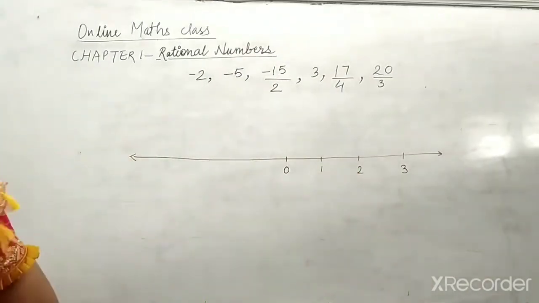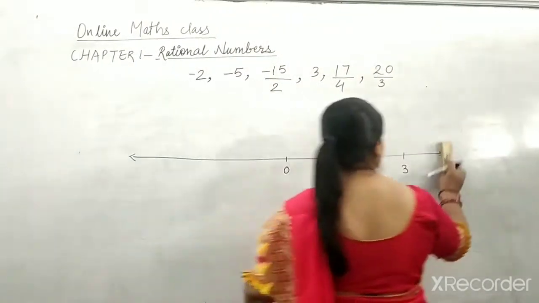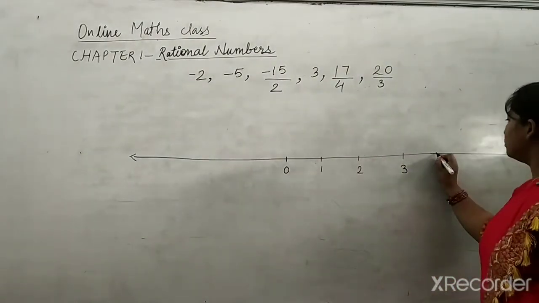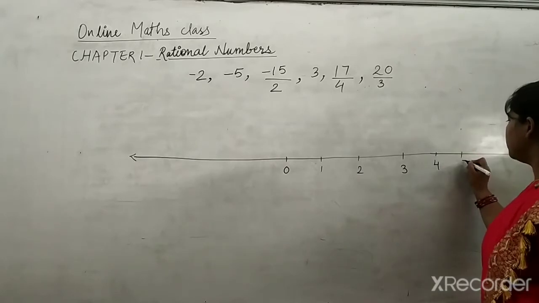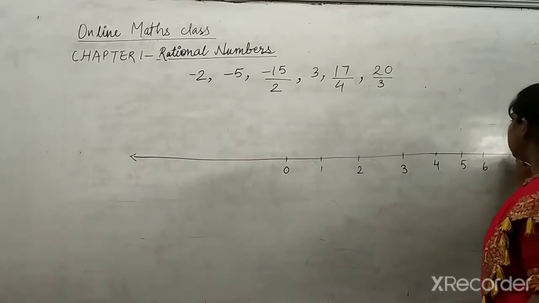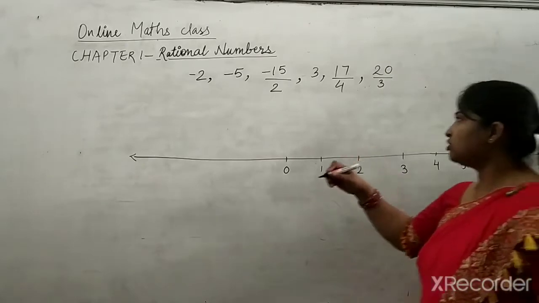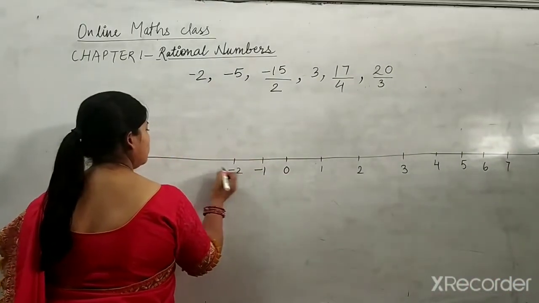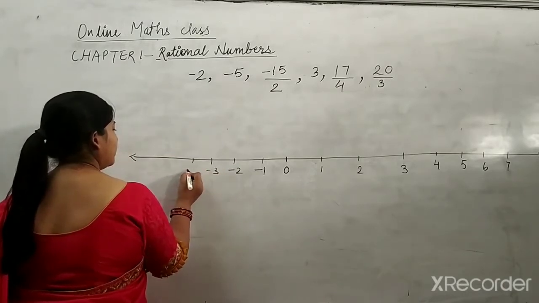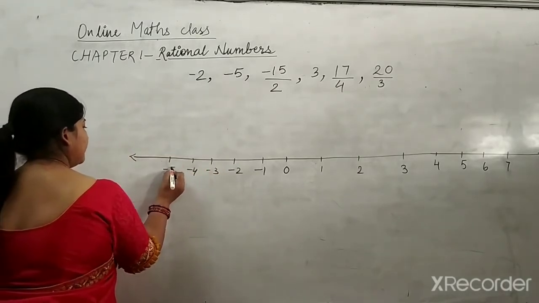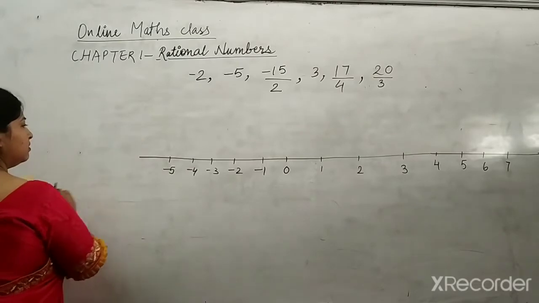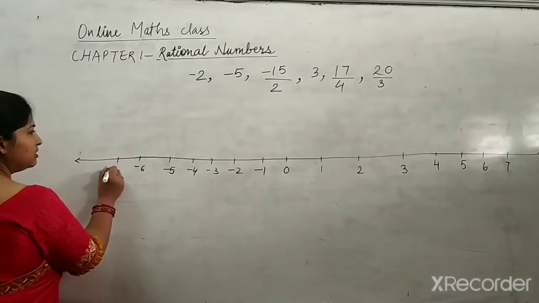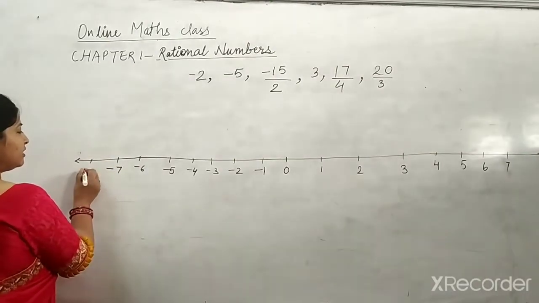Like after 3 it is 4, 5, 6, 7. Here also I will do the same: -1, -2, -3, -4, -5, -6, -7, or you can go to -8 also.